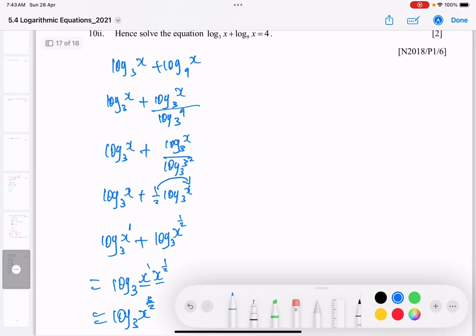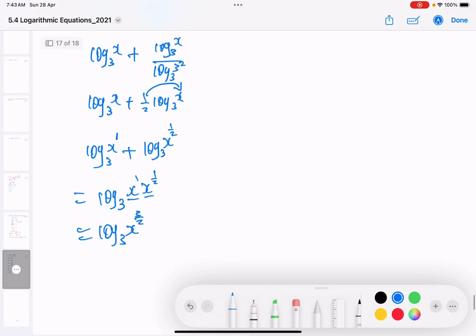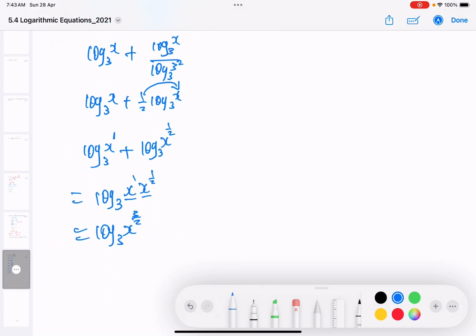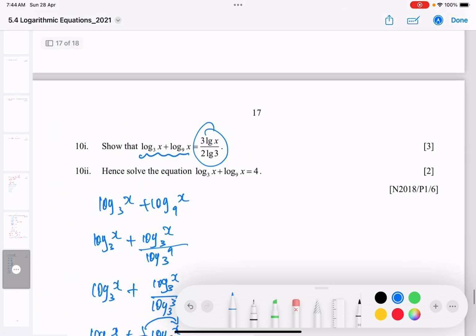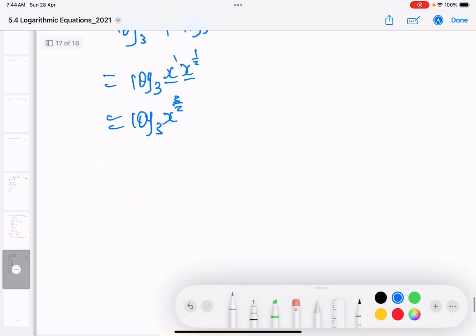Now, this is not what we have over here. But don't worry, because we can easily change that. How do we change that? I know this is basically log base 10, right? So I can change of base one more time. Log base 10 of x to the power of 3 over 2, over log base 10 of 3.